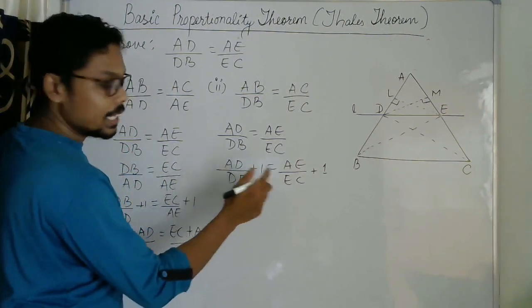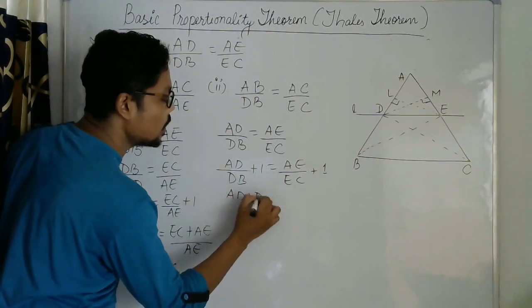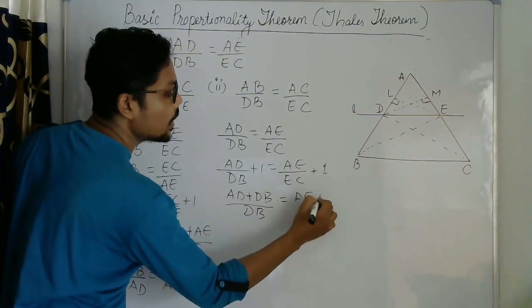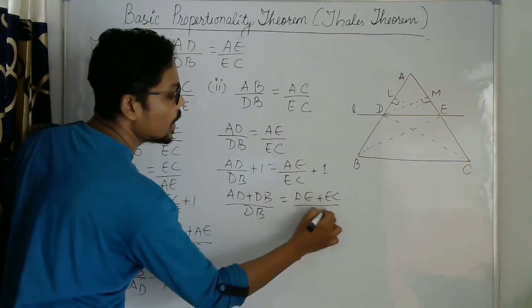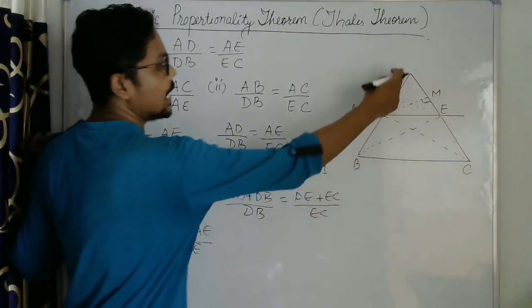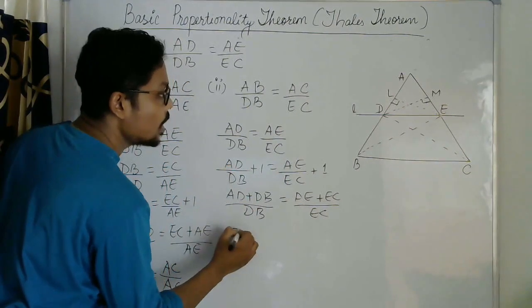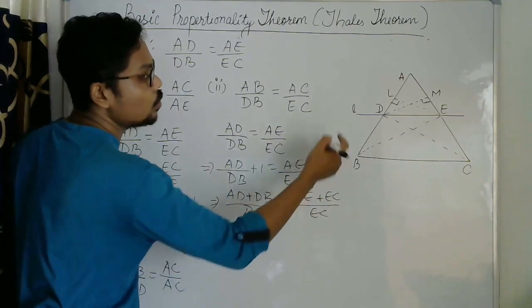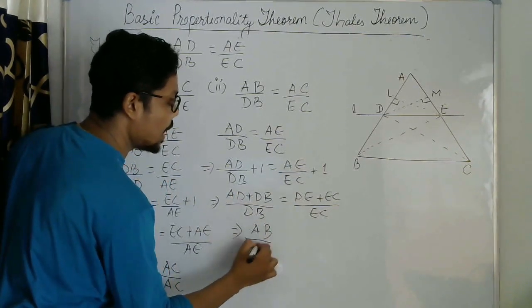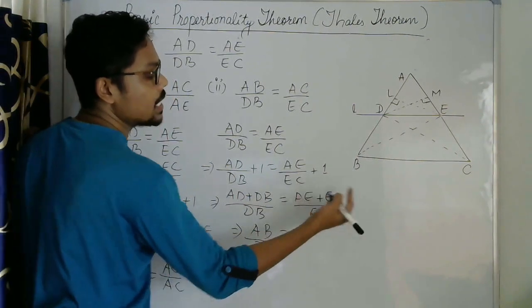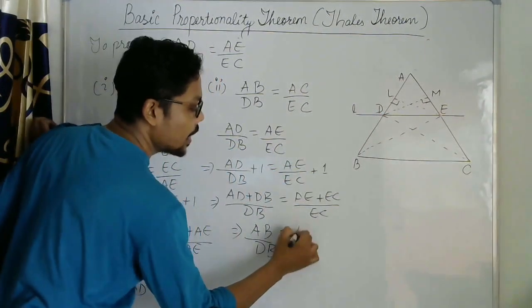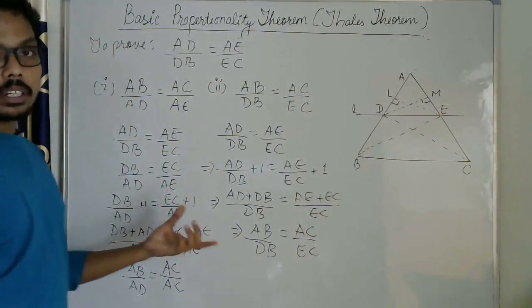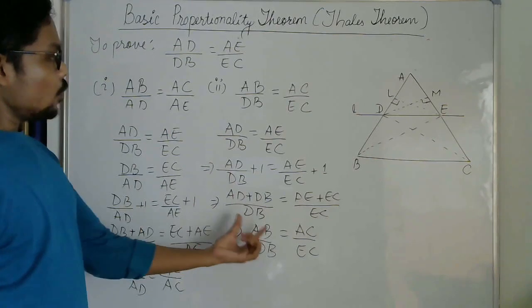Okay, so when we take the LCMs, AD plus DB by DB is equal to AE plus EC by EC. So that is AB by DB is equal to AC by EC. So we got the relation with this.